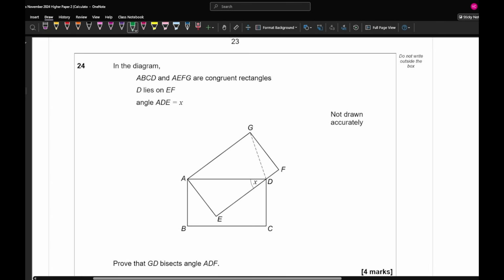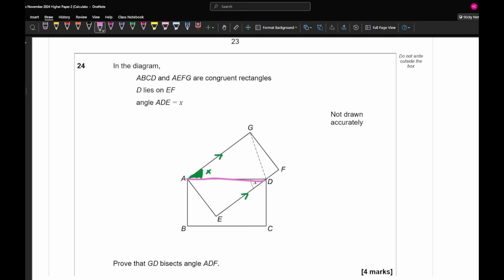So looking at this, if the two rectangles are congruent, and in a rectangle we have two sets of parallel lines, then this angle here is going to also equal X. Now from this, what we then establish is that this line AD is going to equal AG because they're both the lengths of a rectangle and they're both congruent, so they're going to be equal, which therefore means that the triangle AGD is going to be an isosceles triangle.